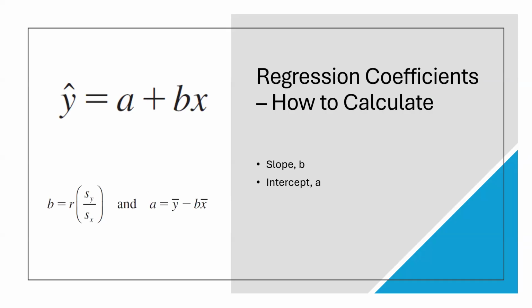To find the intercept A, we plug into A is equal to Y bar, the mean of the Y's, minus B, the slope, times X bar, the mean of the X's. That gives us the line's starting point based on the mean of X and Y. This way, the line always passes through the point X bar comma Y bar, which is the mean of the X's comma the mean of the Y's, right?